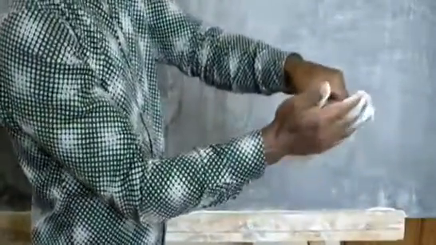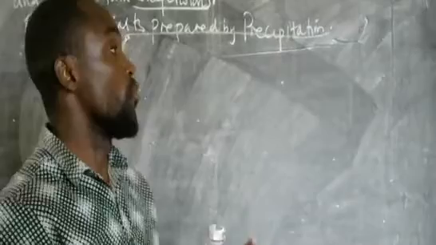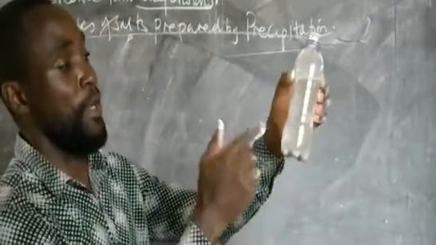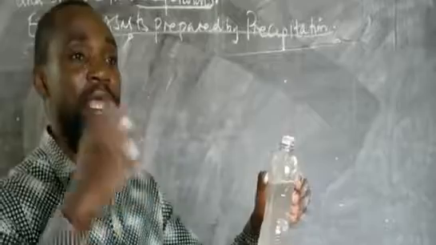You will see the whole liquid having those solid particles spreading throughout it. But if I leave it to stand, these particles will settle at the bottom. So all salts which do that are said to be insoluble salts. But if the salt was soluble, then you can't see these solid particles spreading. The solution will be clearly seen.